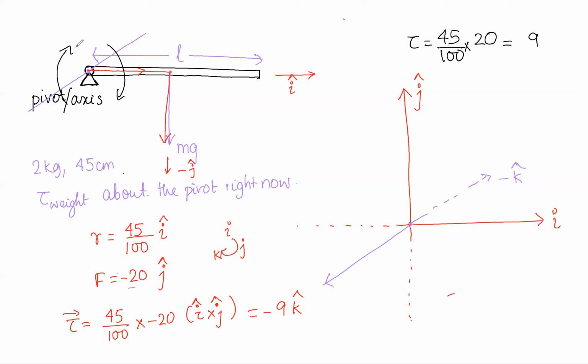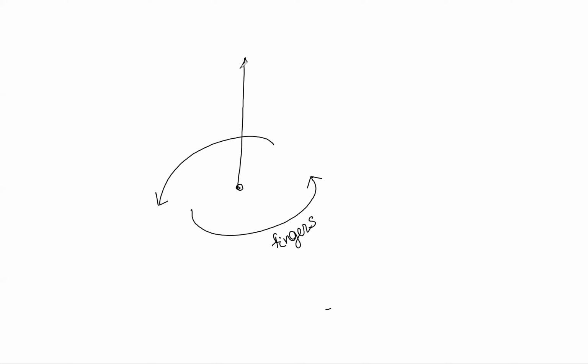At this point, because I showed you what a torque with a negative sign means, let me also show you how the signs are interpreted. Whenever something is rotating, if you place your fingers along the direction of rotation, your thumb gives you the positive direction. Understand this. Your thumb gives you the direction of this rotation vector.